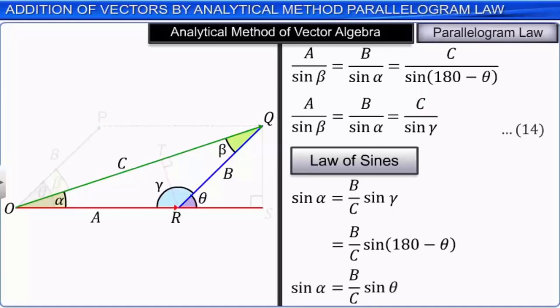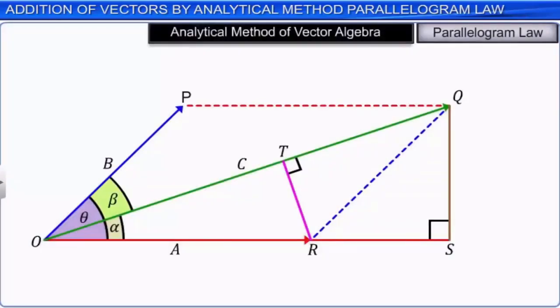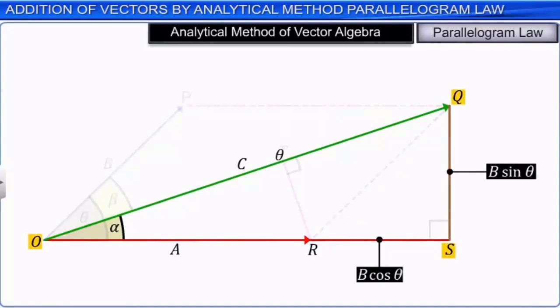Consider the triangle OQS. From triangle OQS, we can write tan alpha is equal to QS by OS is equal to QS by OR plus RS.